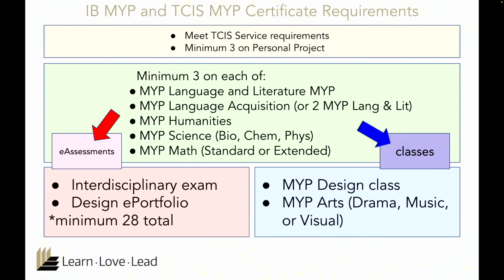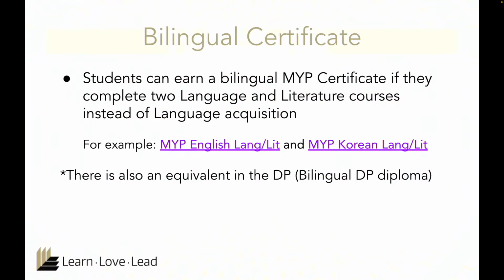There is also something called a bilingual certificate. That just means instead of having a language acquisition class, if a student is a little bit more fluent in two languages and they take the language and literature course in two different languages, for example, English and Korean, or English and Mandarin, or English and Spanish, then they are automatically eligible to earn the bilingual certificate.